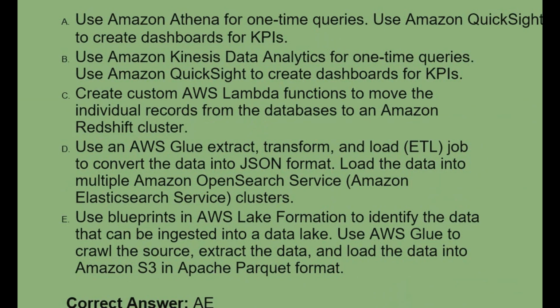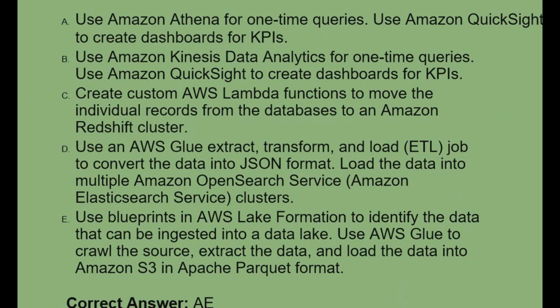Option A. Use Amazon Athena for one-time queries. Use Amazon QuickSight to create dashboards for KPIs. Option B. Use Amazon Kinesis Data Analytics for one-time queries. Use Amazon QuickSight to create dashboards for the KPIs.